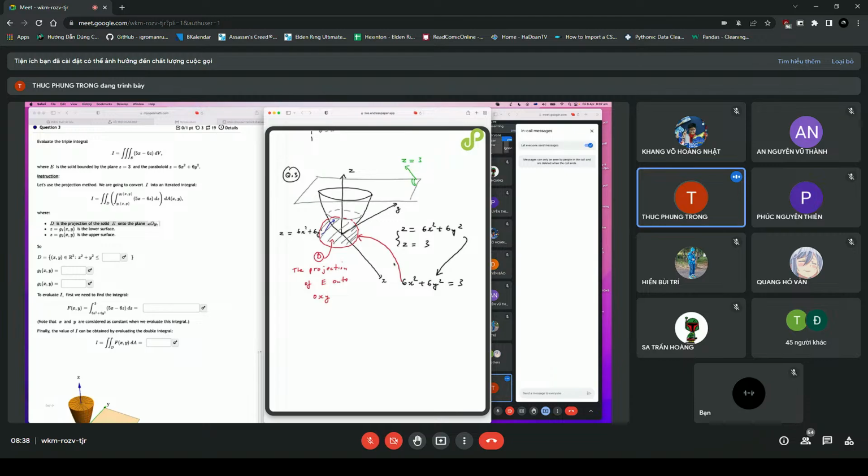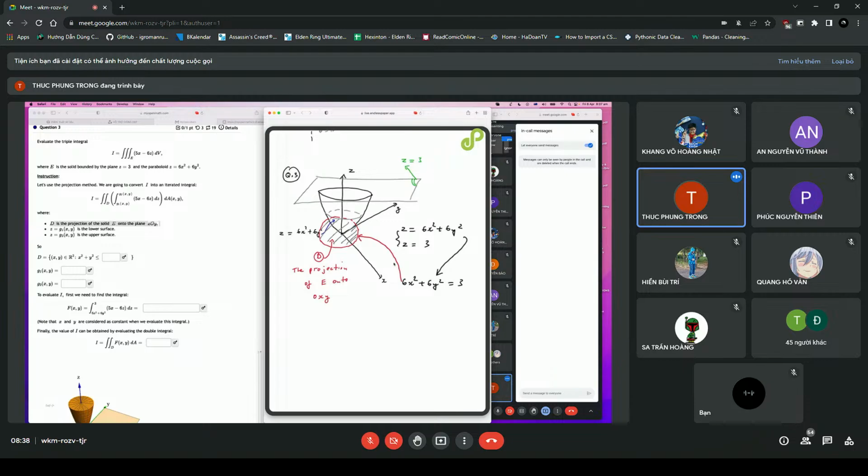So D should be any point inside the circle. This is an equation of a circle, right? We can draw it like this or like this, they are the same. So the answer to this question is x squared plus y squared less than or equal to 1/2.